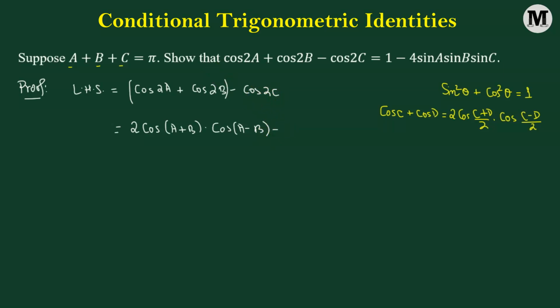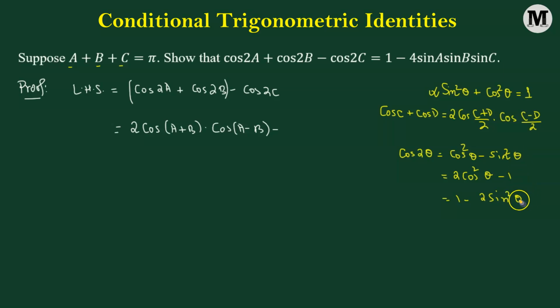Now there's a standard formula for cosine of 2 theta. The cosine of 2 theta can be expressed as cosine squared theta minus sine squared theta. Using this identity, we get two more forms of cosine 2 theta: 2 times cosine squared theta minus 1, and 1 minus 2 times sine squared theta.